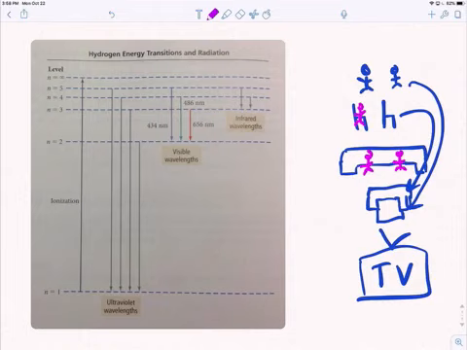Transitions from excited states down to the N equals 1 level are actually all ultraviolet. This is known as the Lyman series, if you've ever heard that before. Then there are four visible transitions, and there's one more not listed. This is known as the Balmer series, the visible one. And then there are others that are infrared.